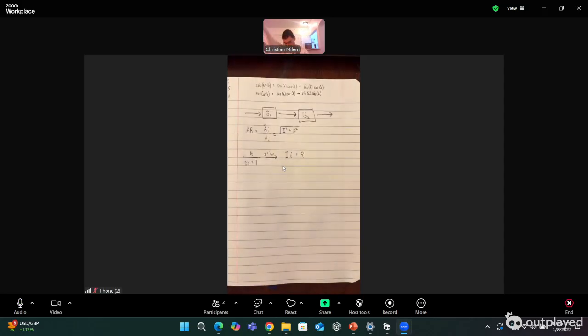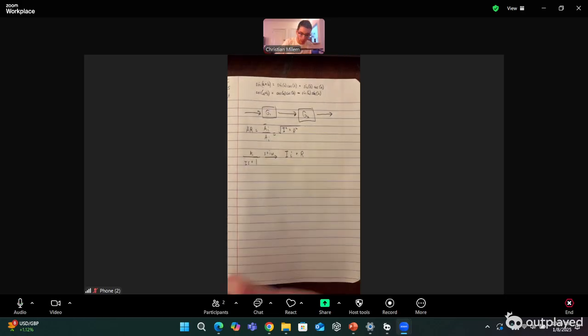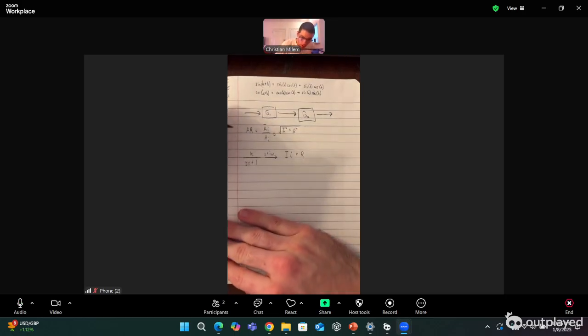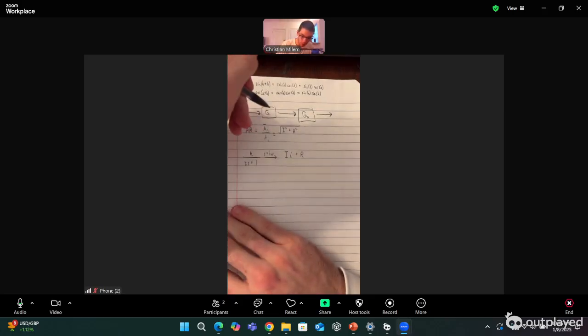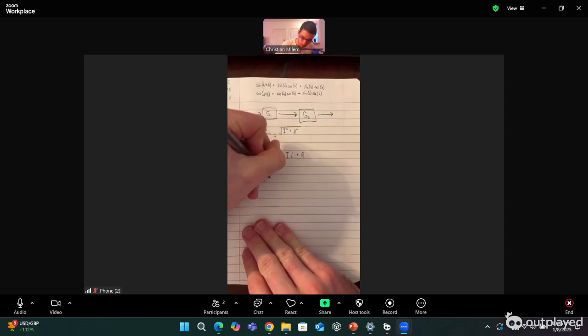So let's show fundamentally what their amplitude ratio and phase lag would be, and then we'll compare that to what's being argued. So fundamentally, we have two different transfer functions in series, and whenever they're in series, it's pretty straightforward. You just multiply them together.